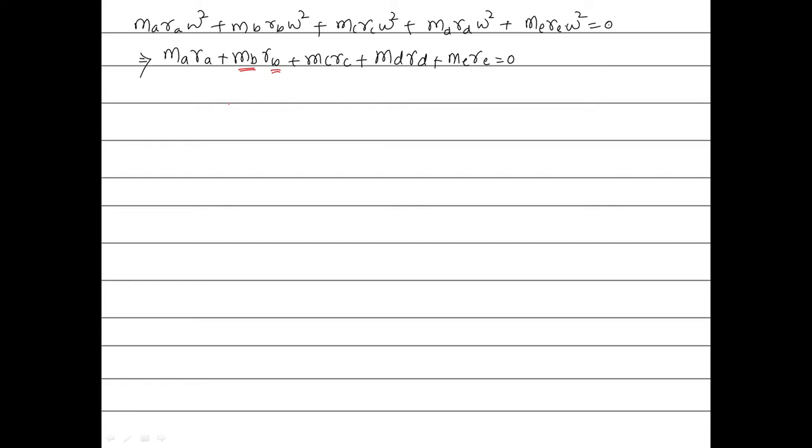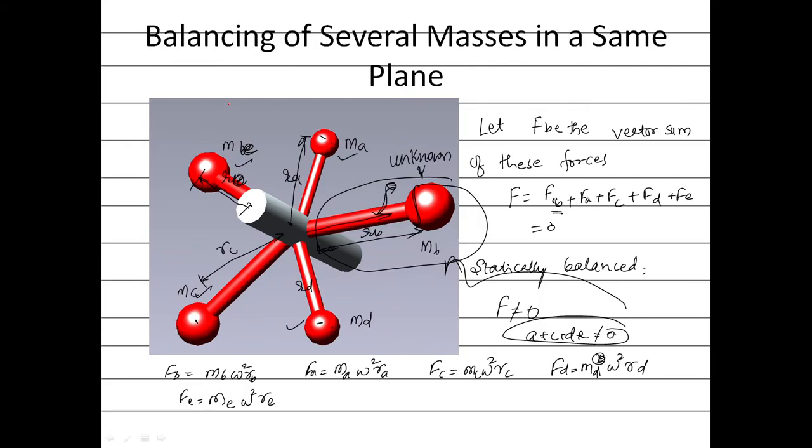Now, to find out the magnitude as well as the direction, you need to resolve the centrifugal forces acting on this entire system in two directions, that is, vertical direction as well as horizontal direction.